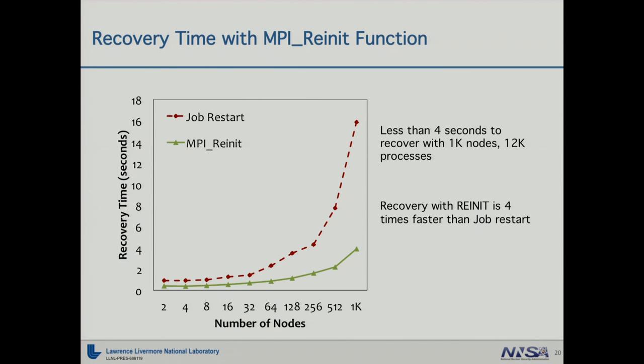Here what we're showing is the recovery time for using Reinit and the traditional approach of restarting the job. And as we can see, in less than 4 seconds, you can recover with more than 1K nodes. So this is much faster than restarting the job, which is the actual technique that programmers use.